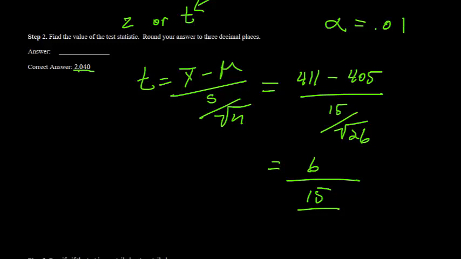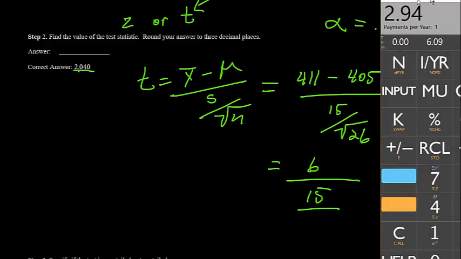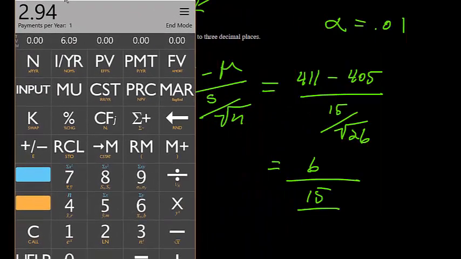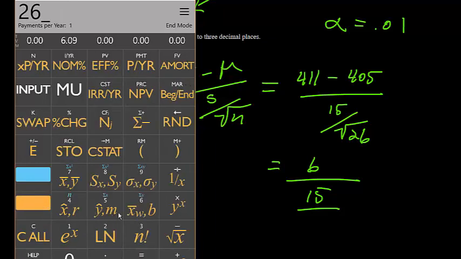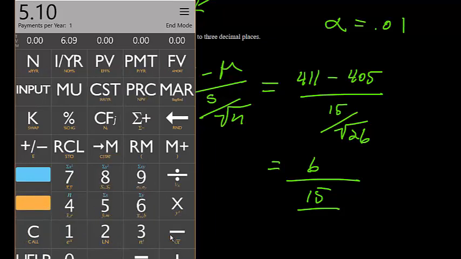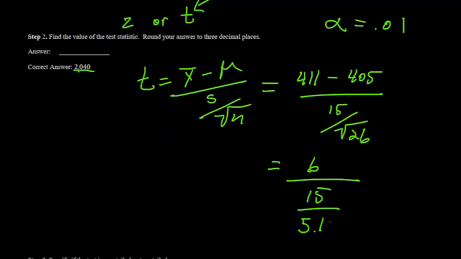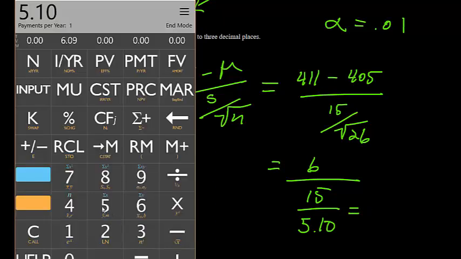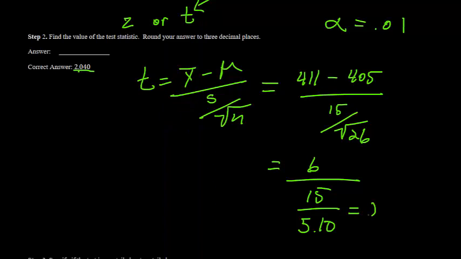The square root of 26 is 5.10. And 15 divided by 5.10 is equal to 2.94.